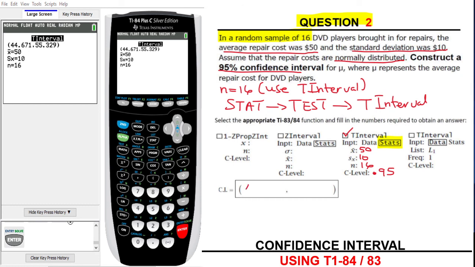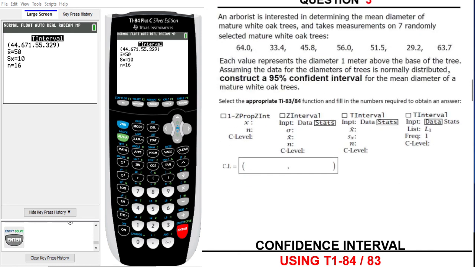So that will be 44.671, and then 55.329. All right, 44.671, 55.329. Okay, now let's go to question 3.